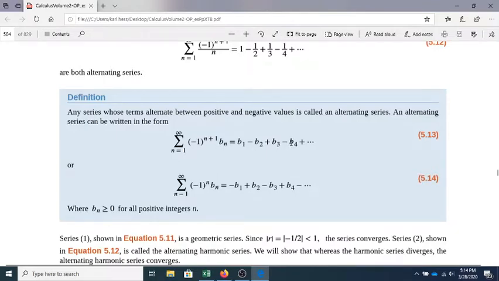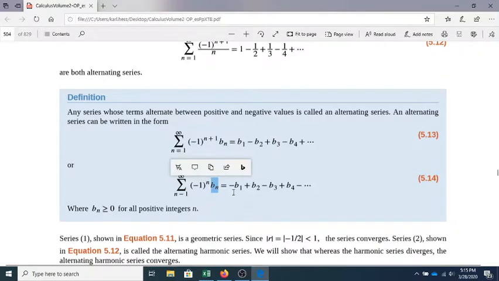Now it can either be -1 to the n plus 1, which means that if n starts at 1, the power would start at 2, in which case we would start positive. -1 to the 2 is positive, but then -1 to the 3 is negative, and it just keeps alternating from there. But it's also okay for it to have the form of -1 to the n times some formula b sub n for the rest of the term.